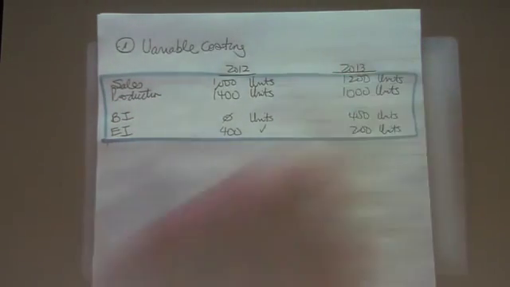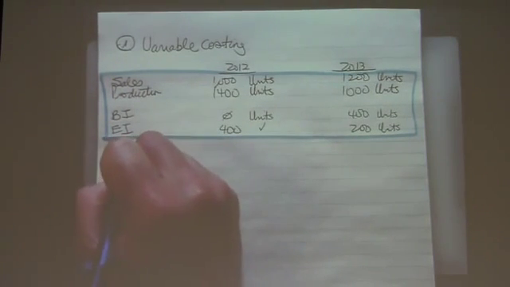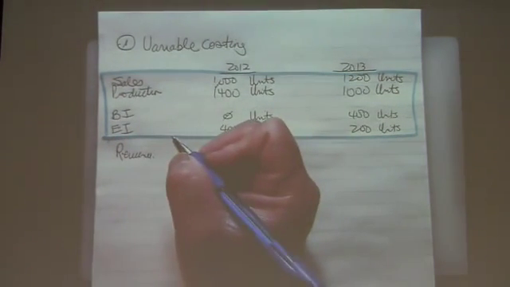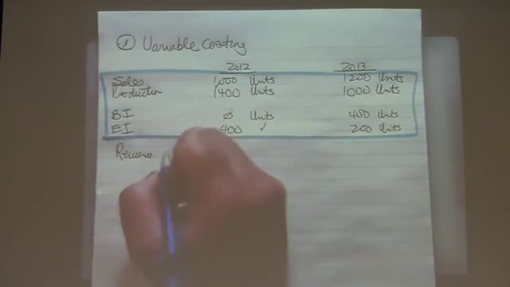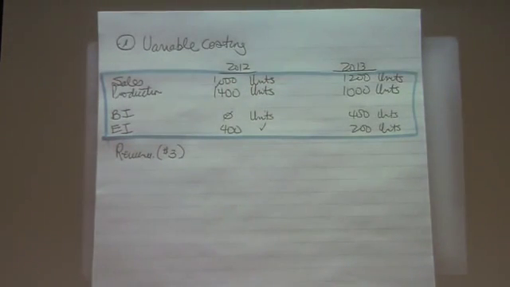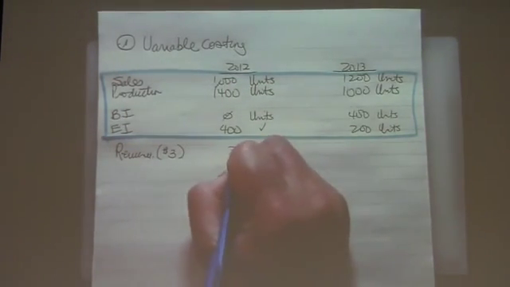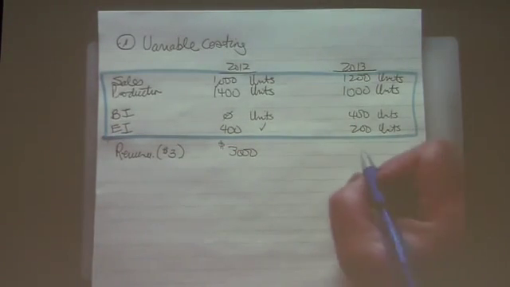Now, revenue. We know the actual sale price is $3, right? So 3 times 1,000 is 3,000, and 3 times 1,200 is 3,600.